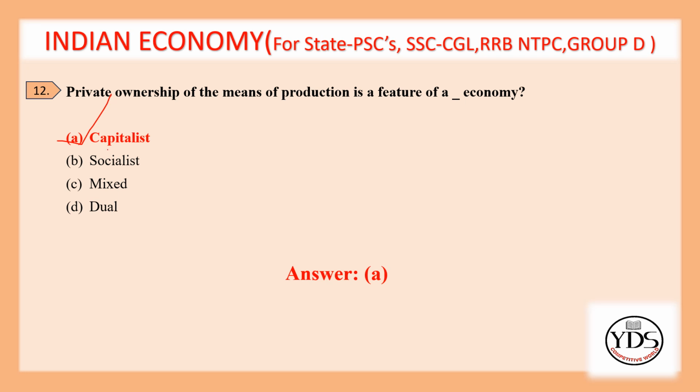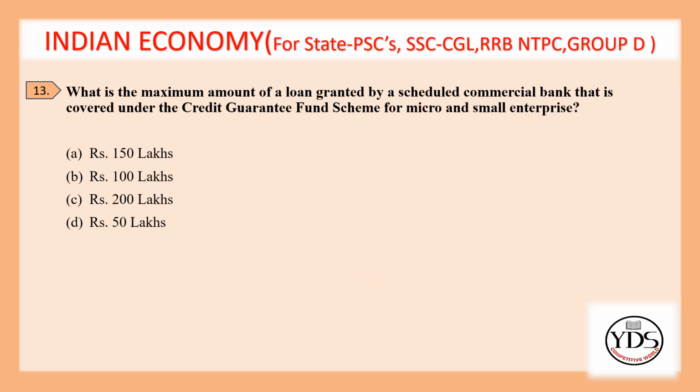Option A, capitalist is the correct answer. 13th question, what is the maximum amount of a loan granted by a scheduled commercial bank that is covered under the Credit Guarantee Fund scheme for micro and small enterprise? 150 lakhs, 100 lakhs, 200 lakhs, 50 lakhs. Option C, 200 lakhs is the correct answer.